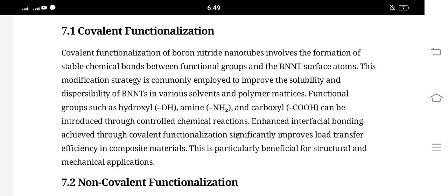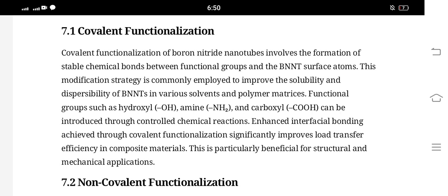This type of functionalization significantly improves the solubility and dispersibility of boron nitride nanotubes in aqueous and organic solvents, as well as their compatibility with polymer matrix. As a result, functionalized boron nitride nanotubes can be uniformly distributed within composite materials, avoiding agglomeration.